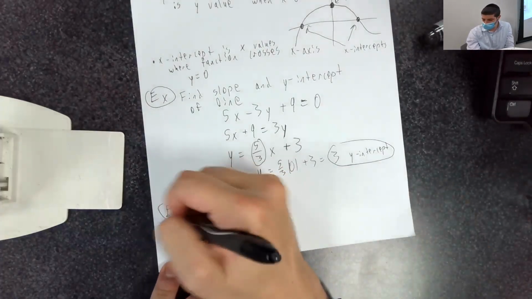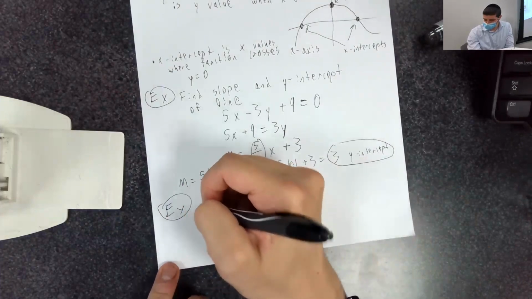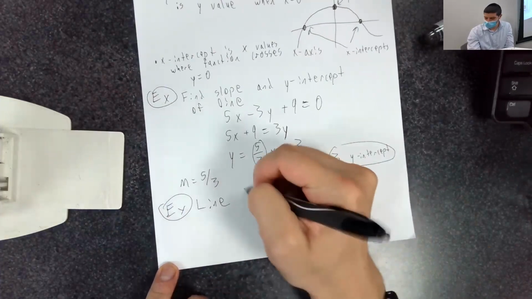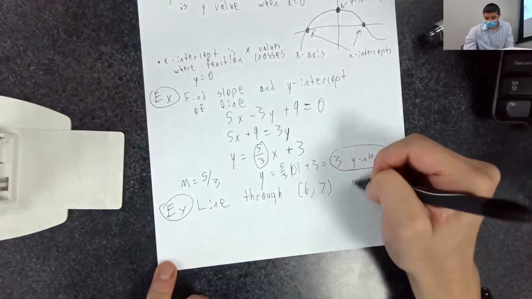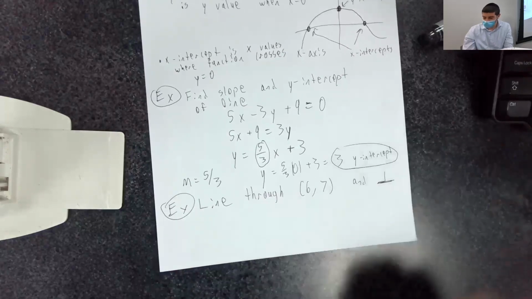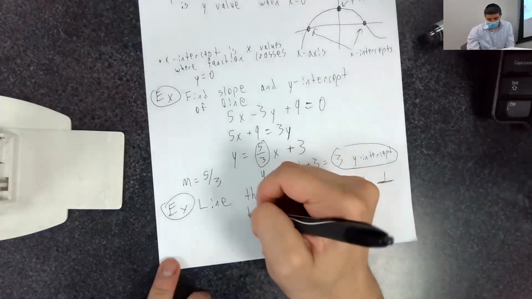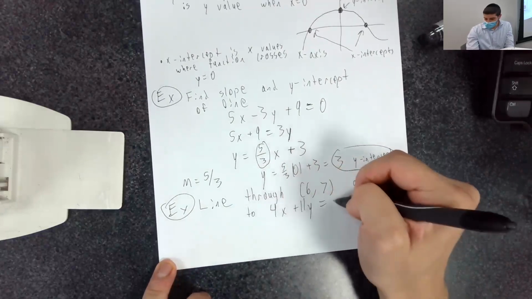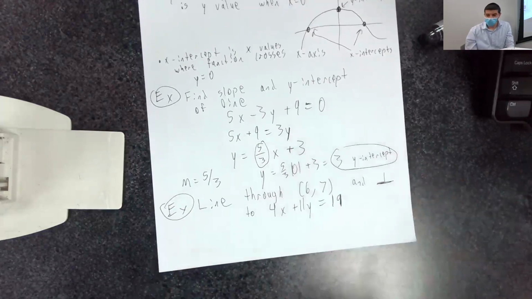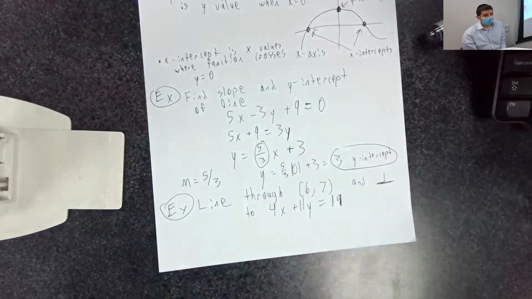Fine, let's try another one. How about a line through (6, 7) and perpendicular to 4x plus 11y equals 19? This symbol means perpendicular. So remember, for every line you need a point and a slope. So figure out what the point is, and then you need to get a slope.